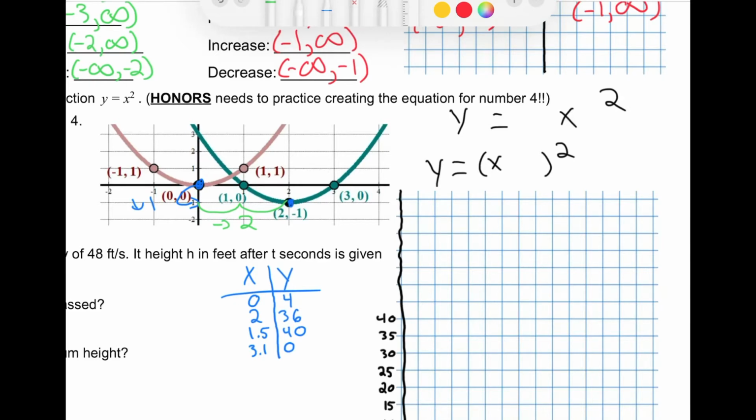So if we went right 2, which typically in our minds would be plus 2, we're actually going to have to do the opposite in our equation. Then, the right 2 was affecting the x's on the inside, and down 1 is going to be on the outside because it affects the y's. So outside is obedient, so we're going to subtract 1. And that is how you would create an equation for these transformations for number 4.